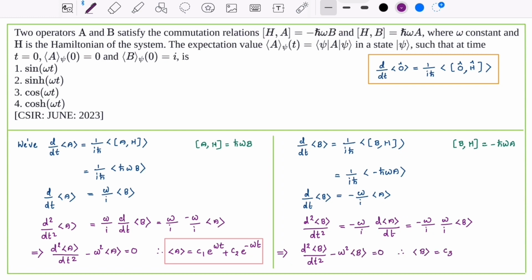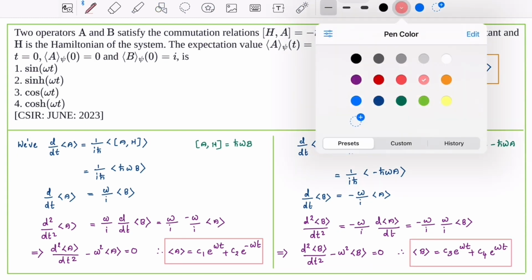Therefore, the expectation value of B is equal to C3 e^(ωt) plus C4 e^(−ωt).